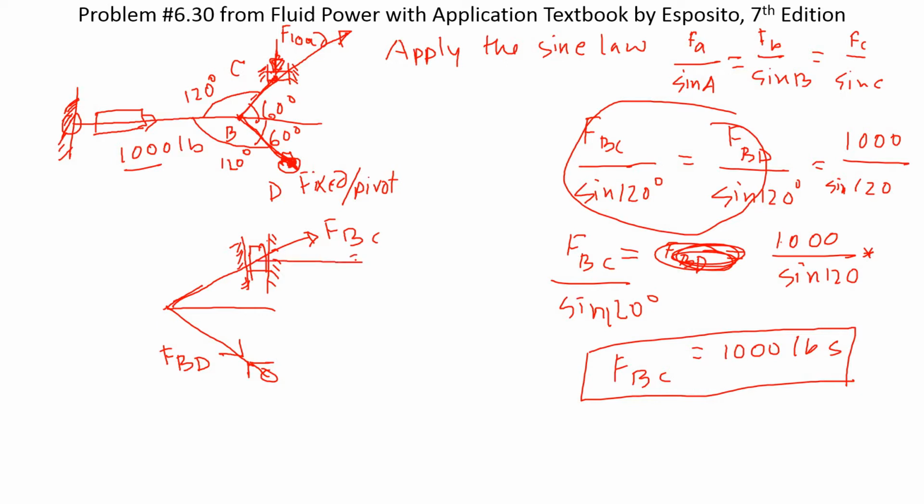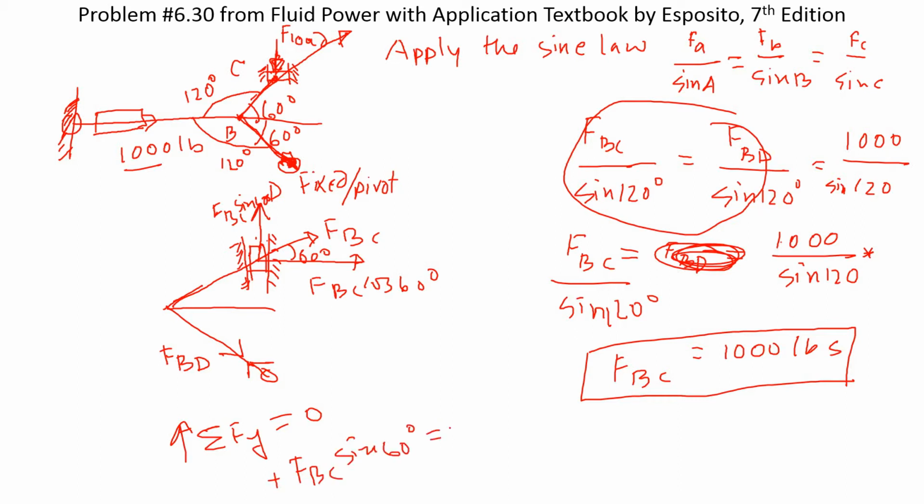If you divide this into two parts, that's 60 degrees. FBC cosine 60 degrees will be neutralized by the cylinder wall, and this part would be FBC sine 60 degrees. That will be the load. Now if you do the summation of Fy, upward direction positive, equals 0, then FBC sine 60 degrees minus F load, which is downwards, equals 0.